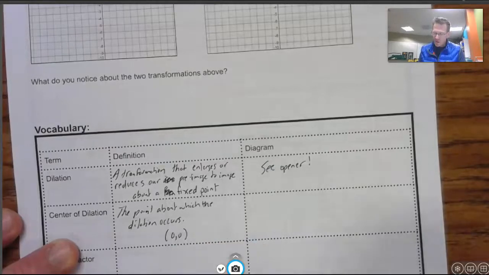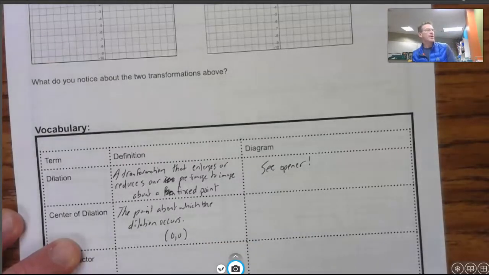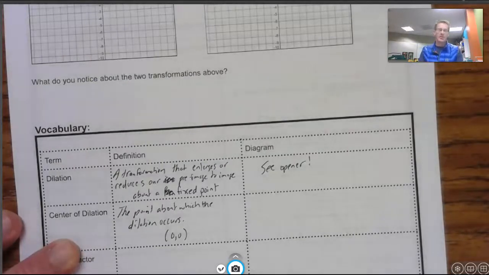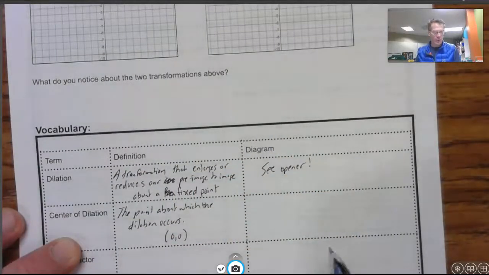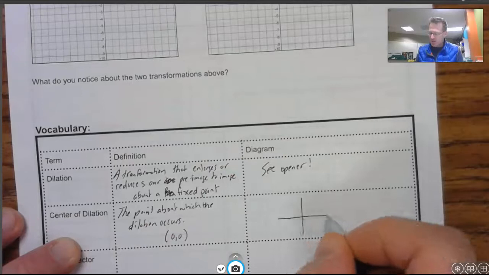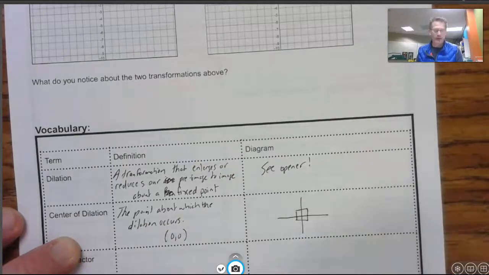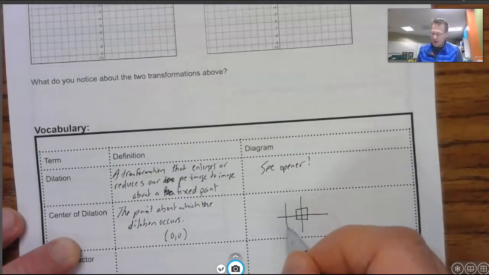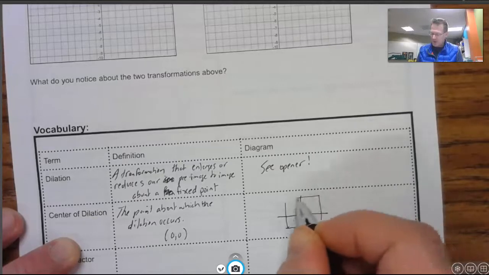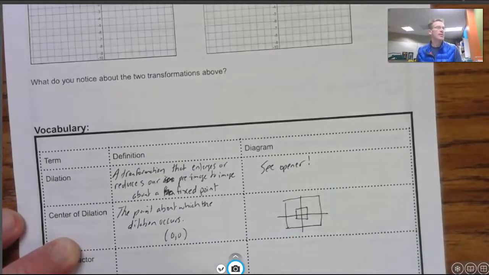So (0, 0) is always going to be our center of dilation. Basically everything we do is going to be in reference to (0, 0), so it doesn't really change the process. If we might have a box like this and we want to enlarge that box, it would still be about the origin, or in reference to the origin.